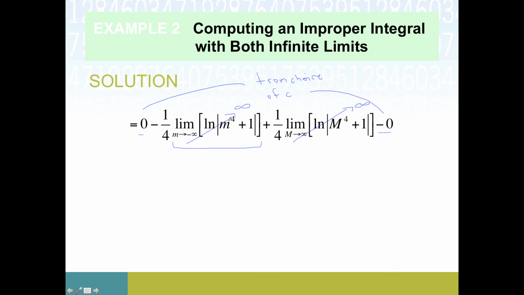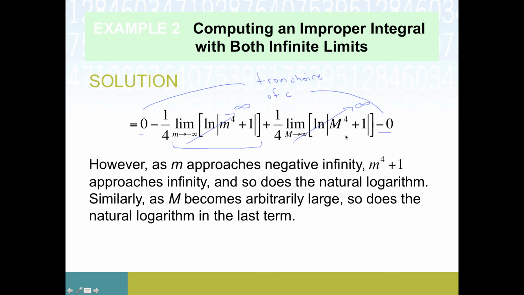We're done looking. So I checked this second thing just to illustrate that its limit is also infinity, but doesn't change our answer. So just in words, m to the fourth plus 1 in either of these cases is going to approach infinity, so will the natural log of that quantity. So we're going to get that the integral diverges.